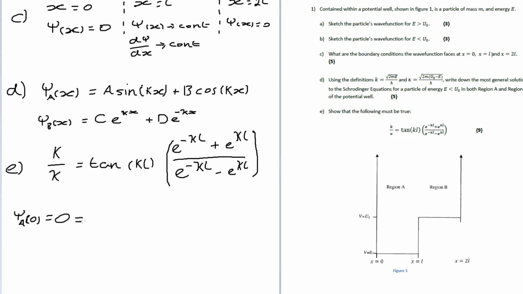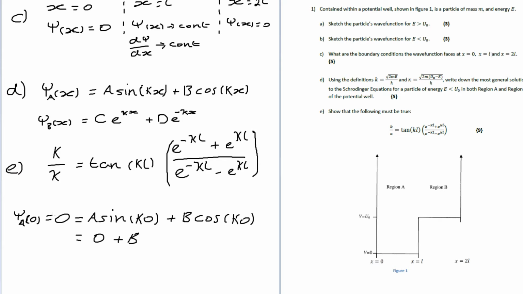And this is also equal to a sine k times 0, plus b cos k times 0. So if we just work out our coses and sines, we get sine of 0 here, which is just 0, so we get 0 plus, and we have cos of 0, which is 1, so we have 0 plus b.